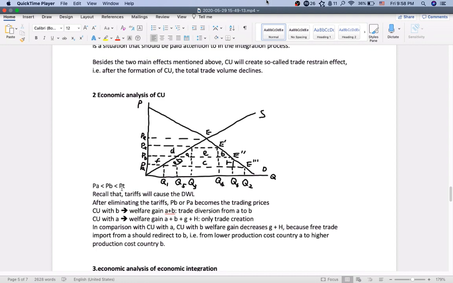In this figure, the curves D and S are the demand and supply curves of the country respectively. When there is no tariff, the country imports from country A with a lower cost. The import quantity is Q1 to Q2.